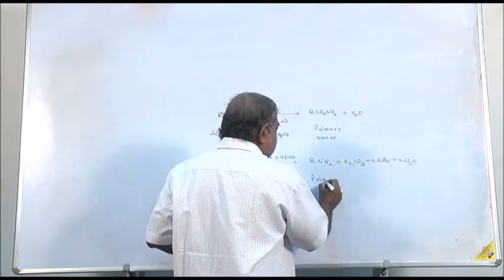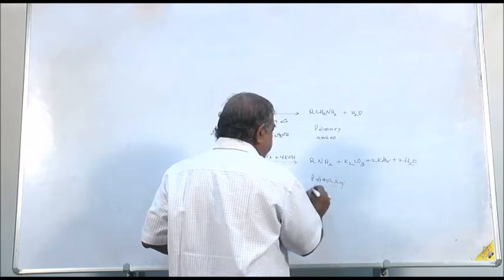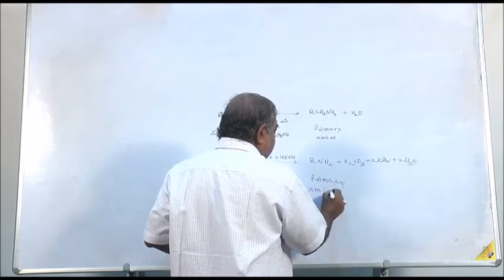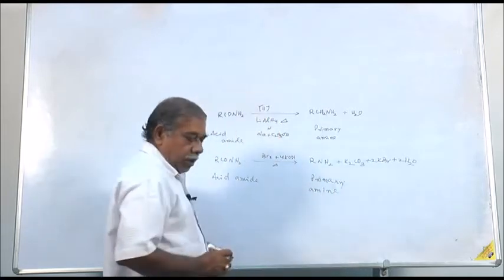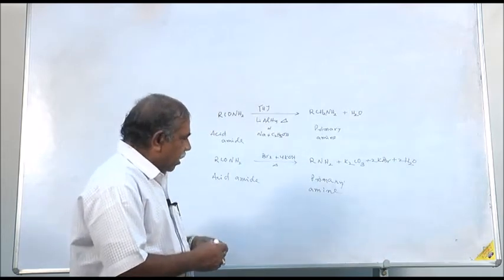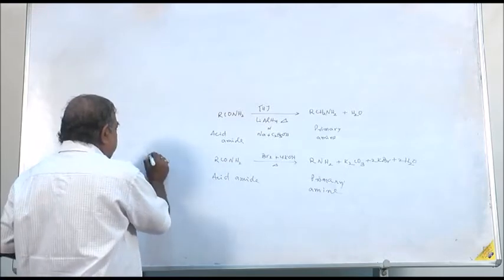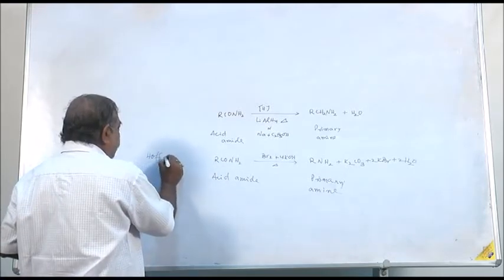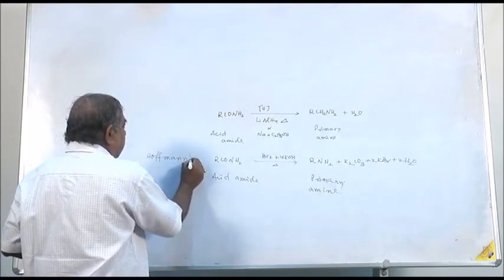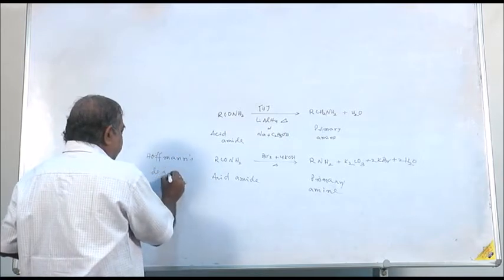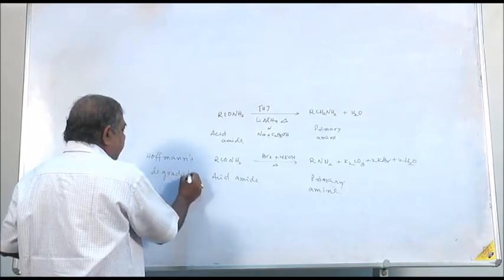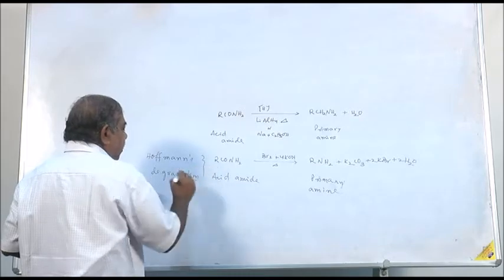In one case, the number of carbon atoms remains the same. In the other one, the number of carbon atoms decreases. This method is called Hofmann's degradation. Degradation means decrease.